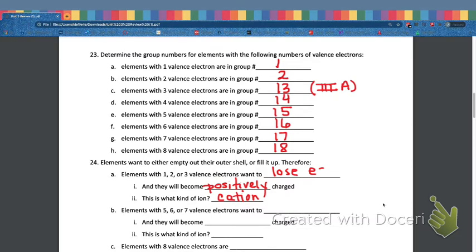So if they have less than 4 valence electrons, they want to lose all of their valence electrons, and they become positively charged. Elements with 5, 6, or 7 valence electrons want to gain more. They want to gain so that they have 8, and they will become negatively charged. And we call them anions.